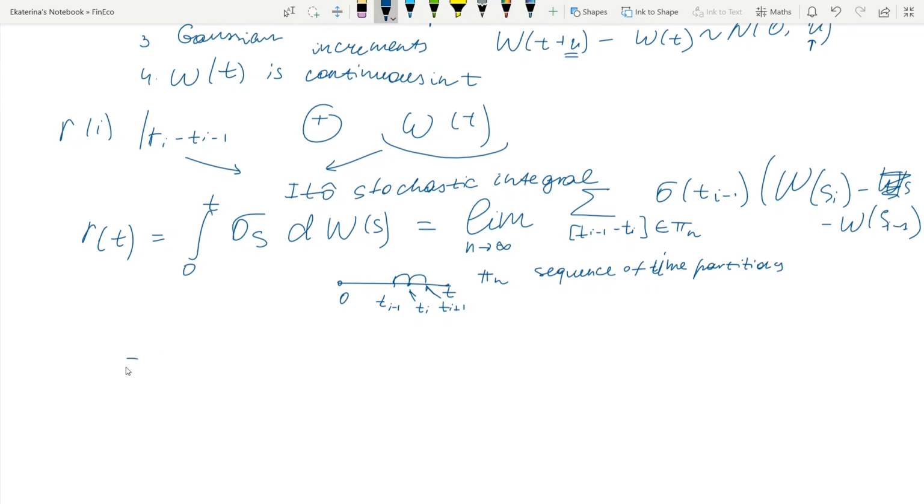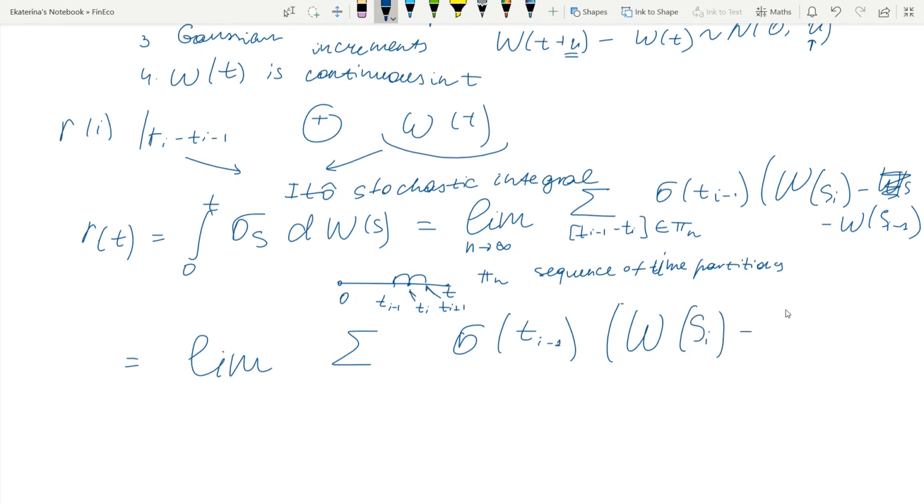So what is written there? Again, let's look at this limit sum. You take your Wiener process increment, which you know is independent of the past history and is Gaussian.